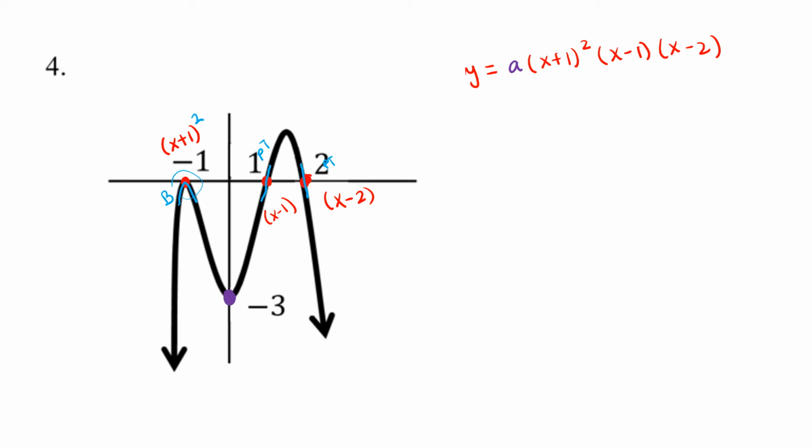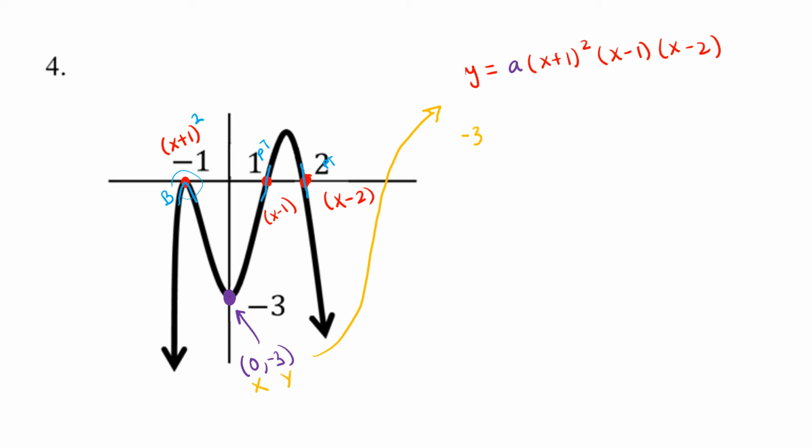That y-intercept at negative 3 is a coordinate point 0, negative 3. Because they gave us that, we can find the exact equation to represent this graph here. What we're going to do is plug in 0 for x, negative 3 for y into that equation, and we should be able to solve it.